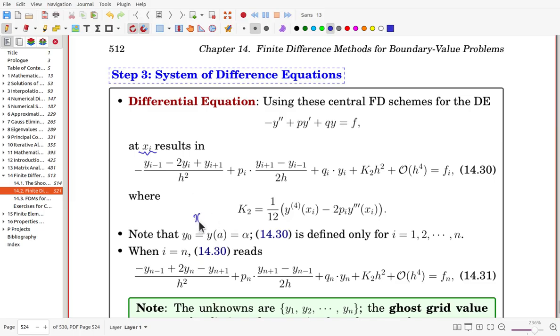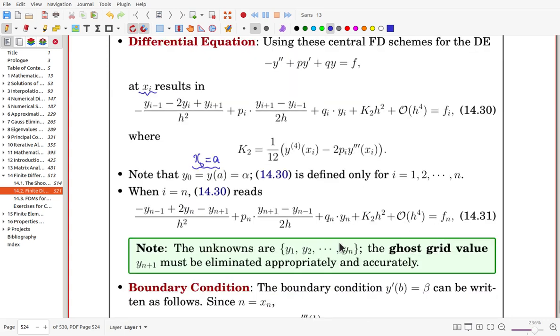Now x0 is a. At a, we already have the value alpha. So this one must be defined only on the other points, from 1 to n. So from 1 to n, we have this equation.